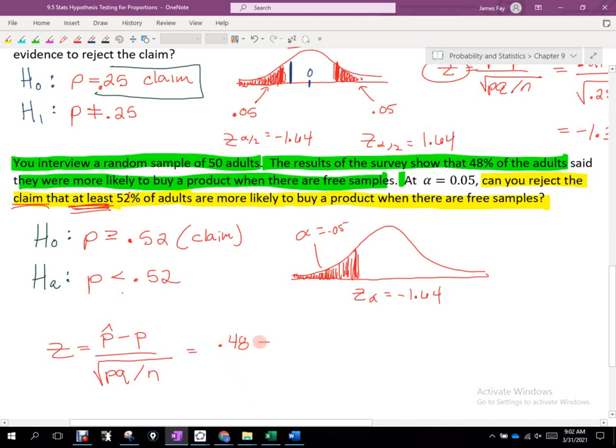P is 0.52. Okay. So then we'll divide by the square root of 0.52 times Q, which in this case is 0.48, right? Okay. Divided then by N, not root N, just N, which would be 50.